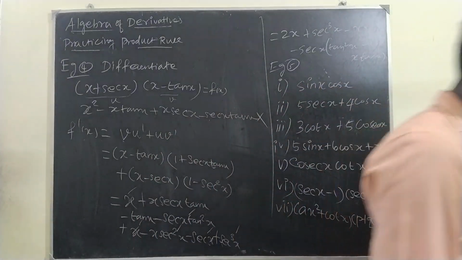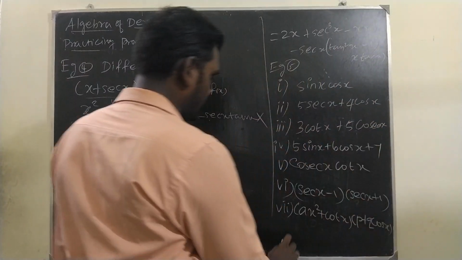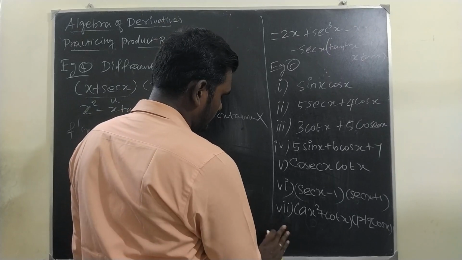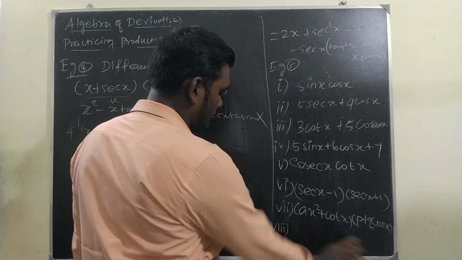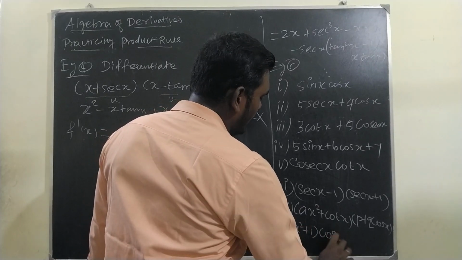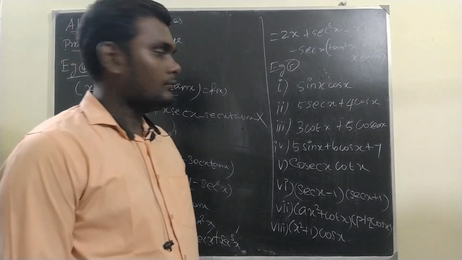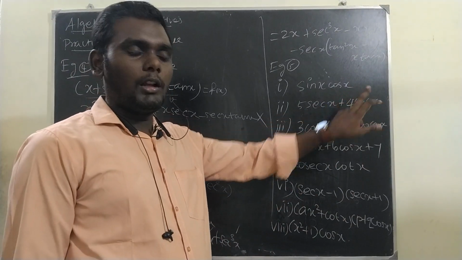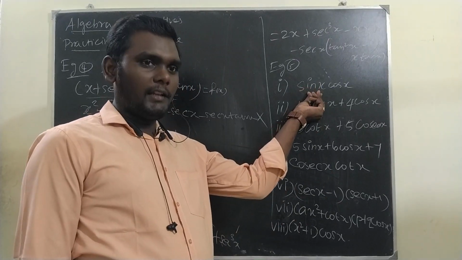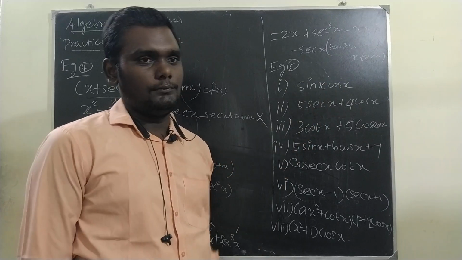First one is not direct, it means UV. That is why I am giving you this kind of examples. See, this one, product rule or not? Sin x is one function, cos x is one function, they are in product, so product rule.